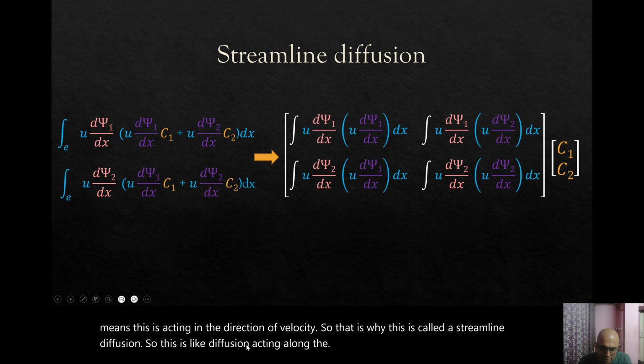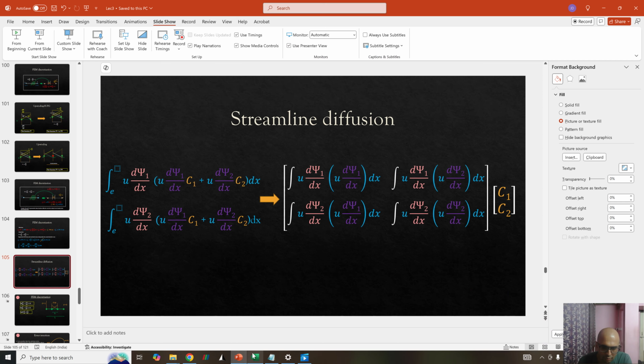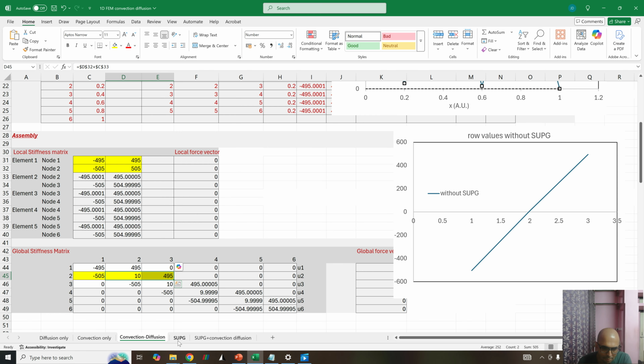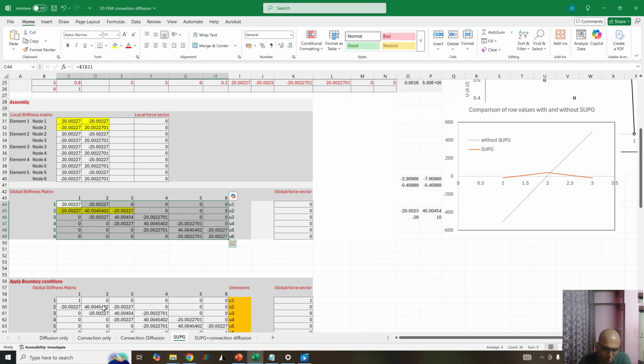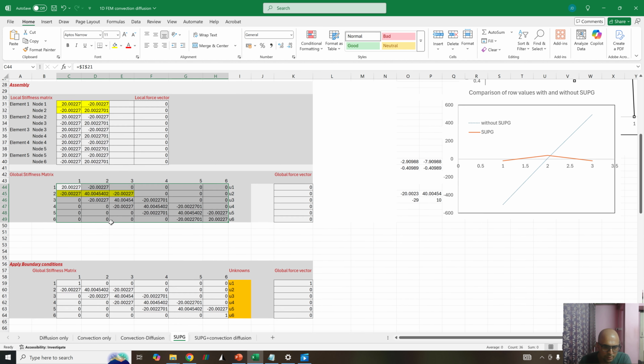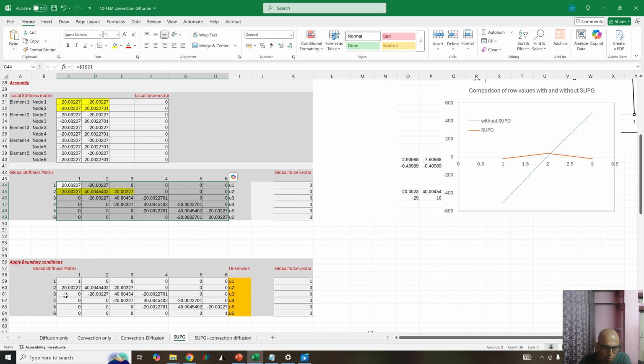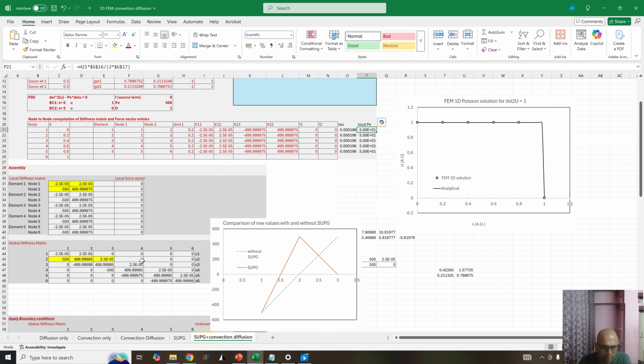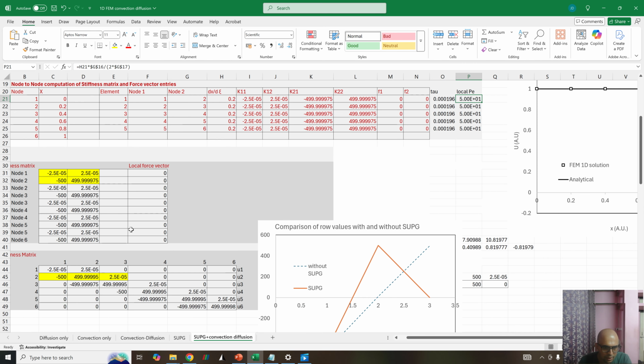So now let's apply this. Let's go to our Excel sheet and apply exactly that same formula which I showed. If we write this in the local stiffness matrix, I have an SUPG tab here which shows that. And if you write the global stiffness matrix, you can see that you have recovered the diagonal dominance. Add this to your convection diffusion, and now you can see something interesting.